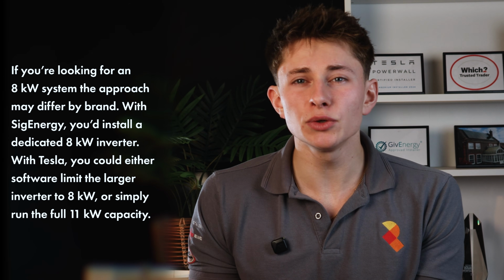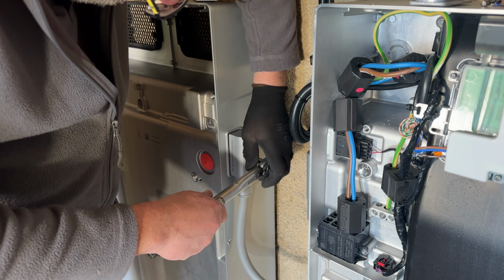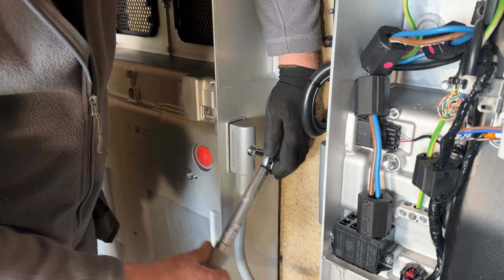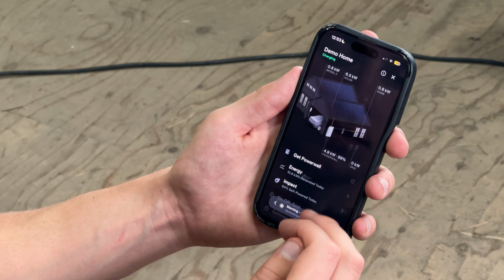And with the Tesla you would maybe limit the inverter to 8 kilowatts or just leave it at 11 kilowatts. But if you further down the line decide to increase the system size, then with the Sig Energy you would have to install another inverter, which is very expensive. With the Powerwall you would just increase the inverter rating in the software. So that's just something to think about if you might want to increase the system capacity further down the line, as it could end up costing you more if you're restricted by your original system's design.